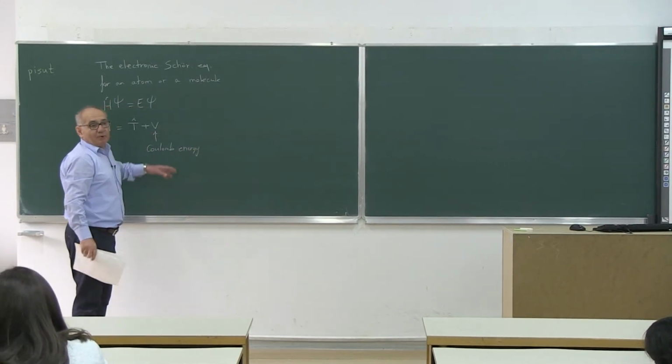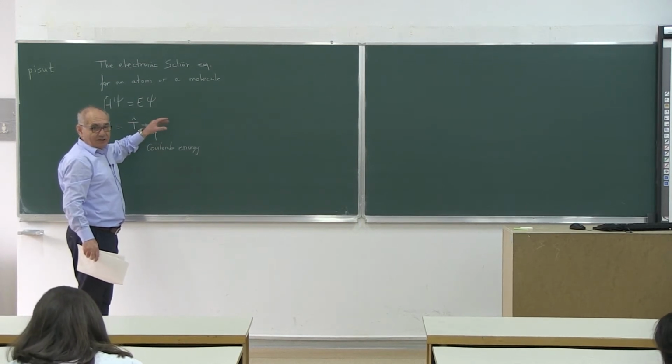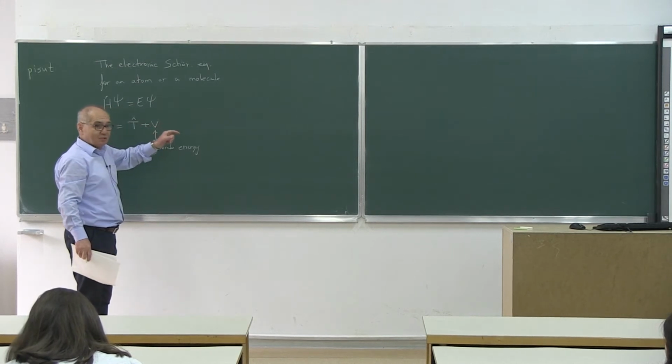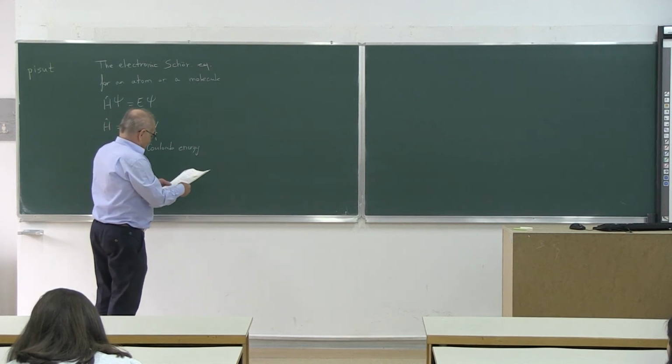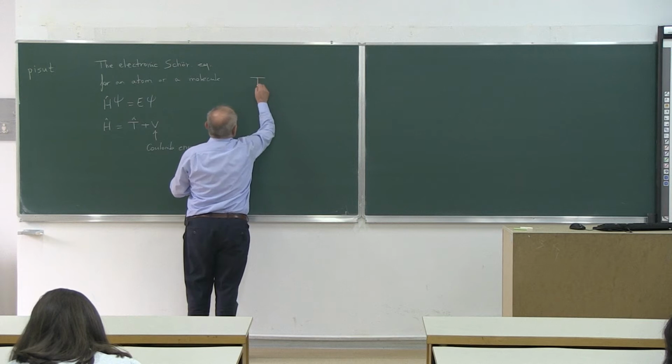And we have discussed how to write down explicitly the Coulomb interaction among the electrons and the nuclei. Now, the kinetic energy.